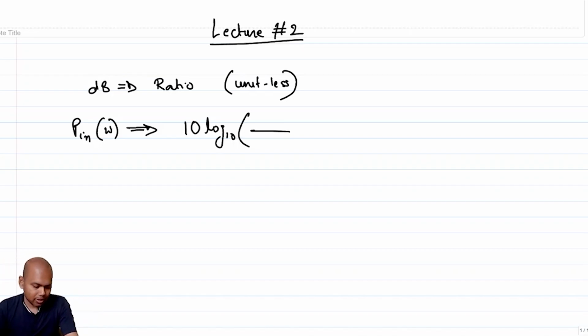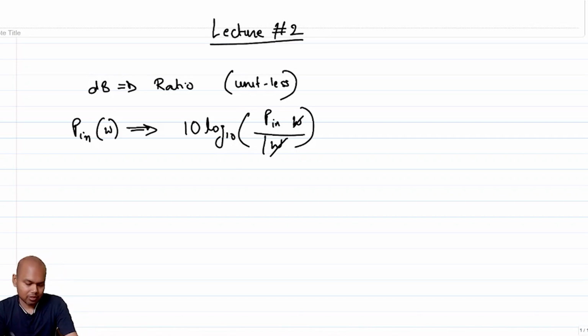So what I'll do is take 10 log to the base 10 of P expressed in watt, normalized with 1 watt, which essentially means that the unit part is irrelevant. The ratio still stands, but now I can take a log of the argument.